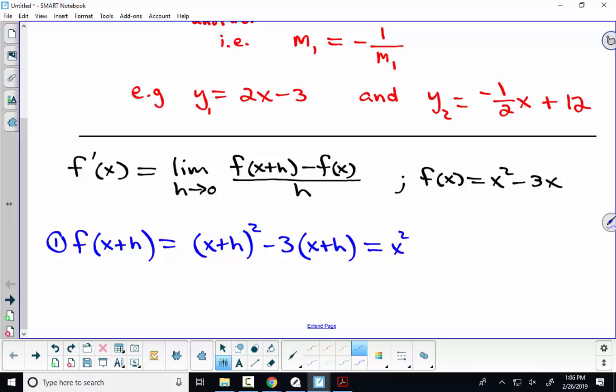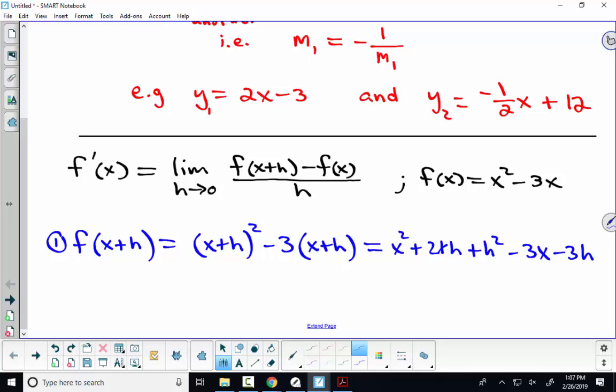Expand these. We have x squared plus 2xh plus h squared minus 3x minus 3h. So that's what f of x plus h is.